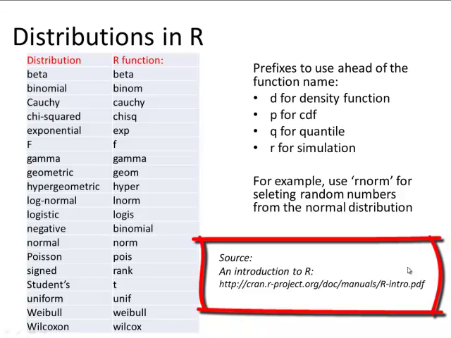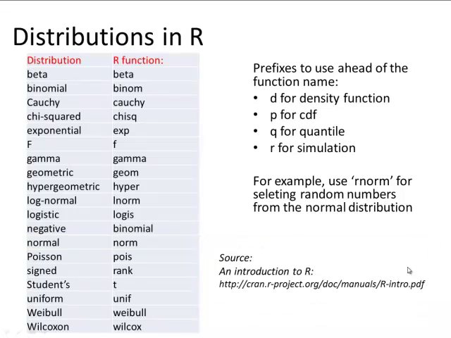The interesting thing here is that when you look at the function, say for example, for the normal distribution, the function is norm, and this needs to be preceded by a letter which could be D, P, Q, or R, depending upon the kind of result that you wish to get. So for example, if you wish to obtain random numbers from a normal distribution, you will use the function rnorm. If you want to get the density function, you will use dnorm, and so on.